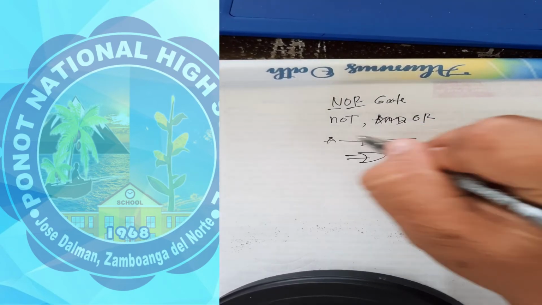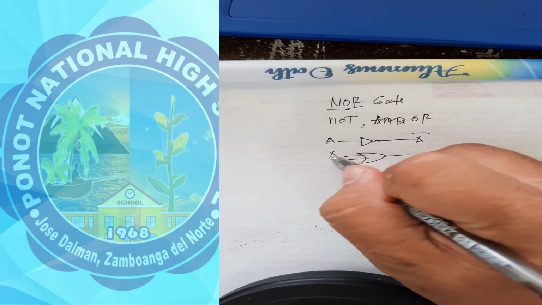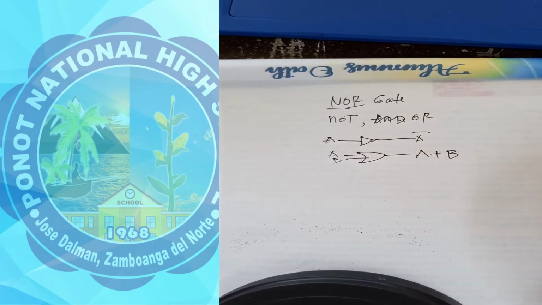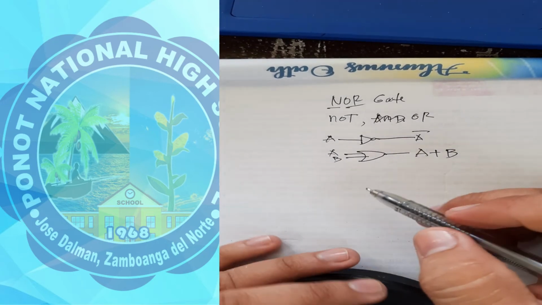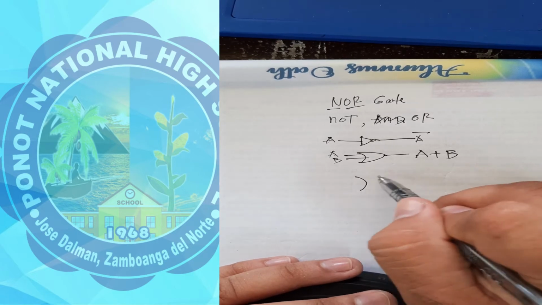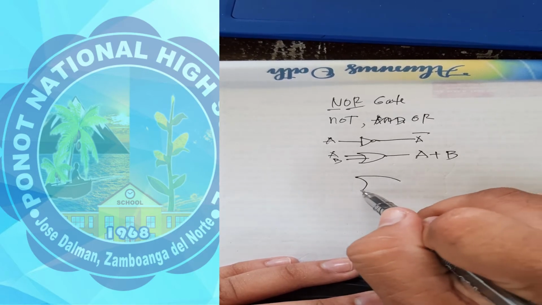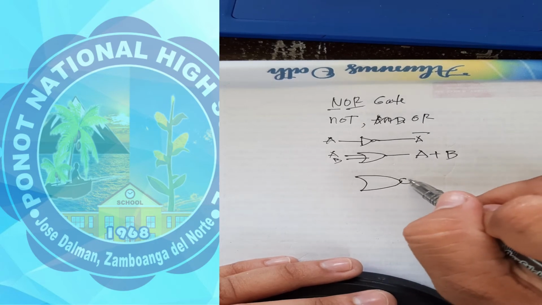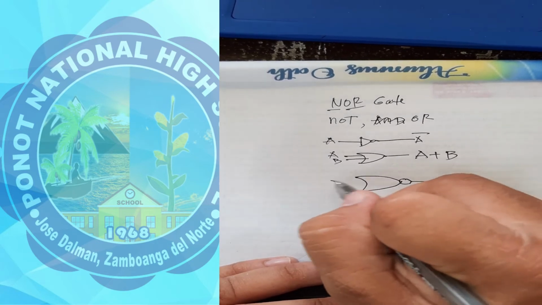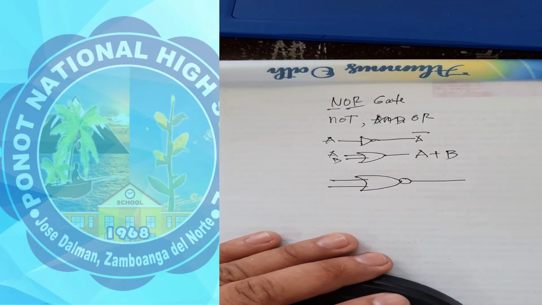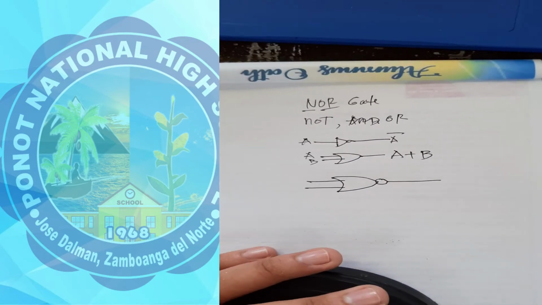Input A bar, input A and B, we have A plus B. So the symbol for the NOR gate is this one. We are taking the symbol from the OR gate and adding the NOT gate.